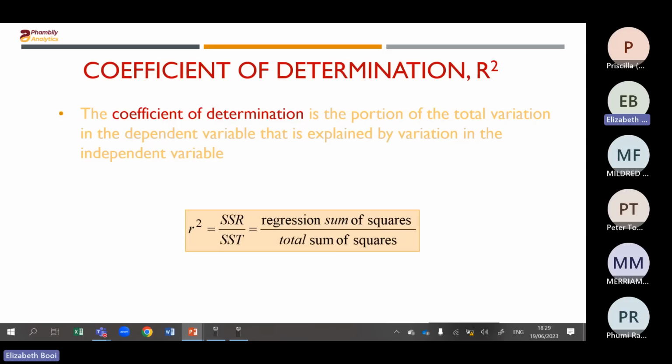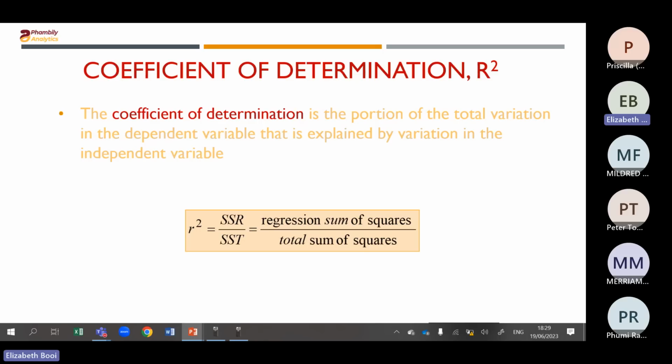The coefficient of determination is actually a proportion, and we're going to interpret it as a percentage. It is the portion of the total variation in the dependent variable that is explained by the variation in the independent variable. So when you get the value of R and you calculate your R squared, let's say it is 0.60, which is 60%. You will say 60% of the total variation in the dependent variable is explained by the variation in the independent variable.